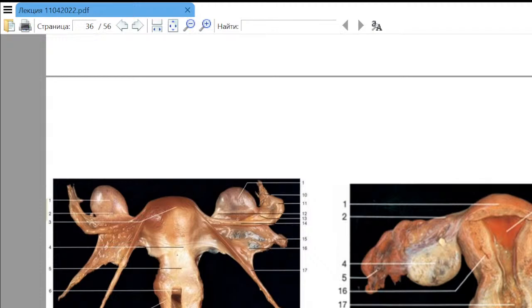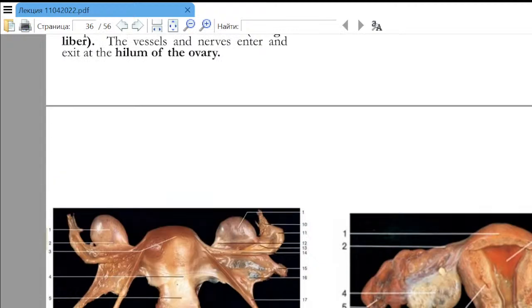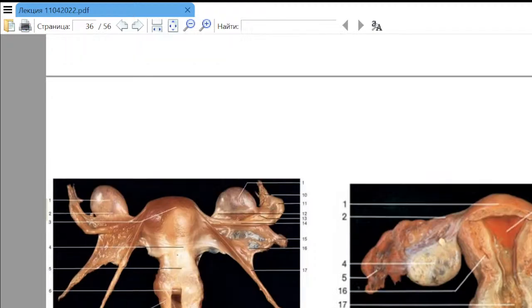This is, you see, margo liber and margo mesovaricus. This is the medial surface, this is the fallopian tube. This is the uterus, this is the vagina. This is the ligamentum.